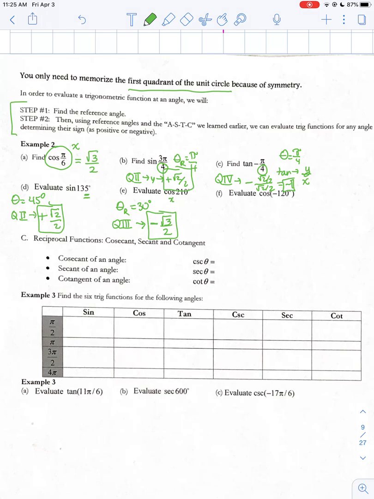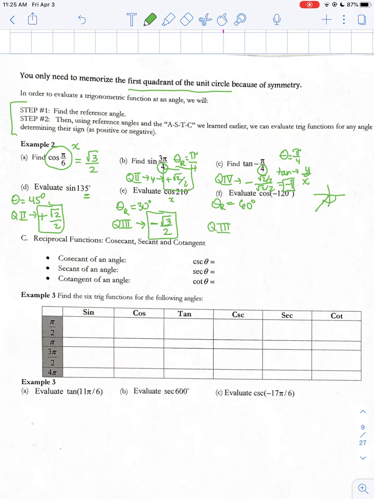So evaluate cosine of negative 120 degrees. If I go negative 120 degrees, we're going to go in a clockwise direction, and it would put me 60 degrees away from pi, or away from 180 degrees. So my reference angle is the angle formed by the terminal side and the x-axis, so that would be 60 degrees.